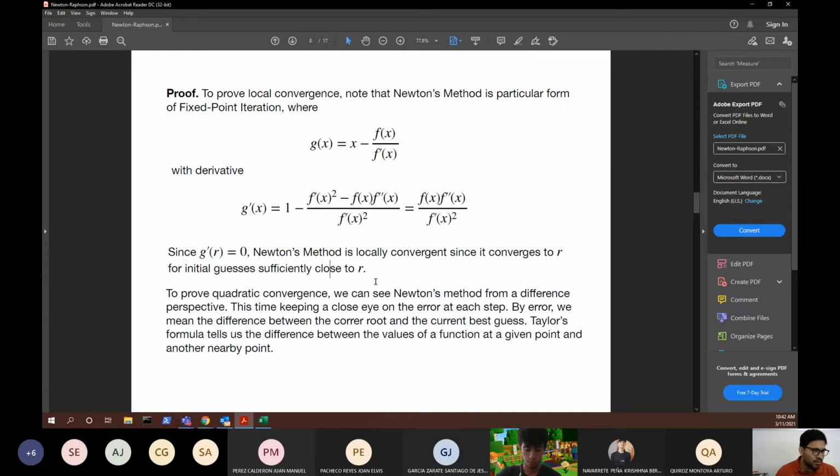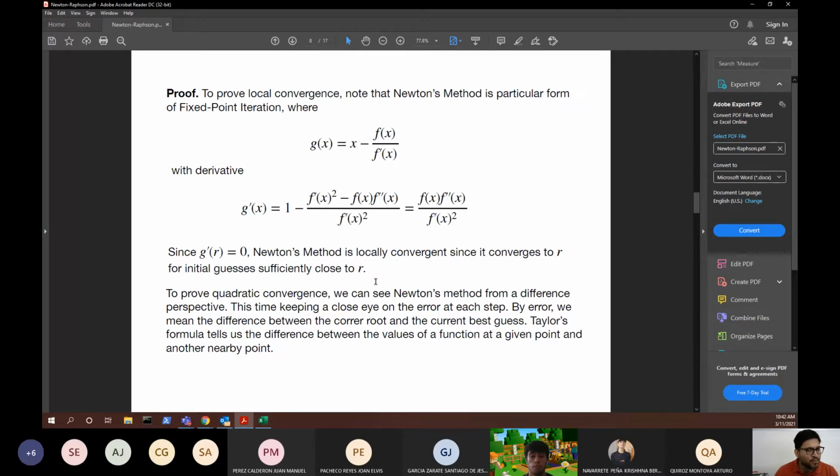Okay? By error, of course, we mean the difference between the correct root and the current best guess. Okay? So that's what we mean by error. But for this type of derivation, we're going to use what we call in calculus Taylor's formula.